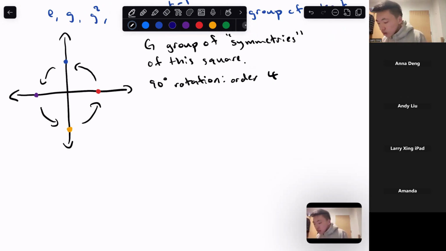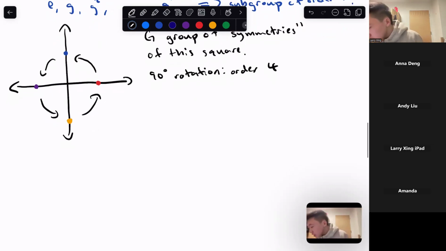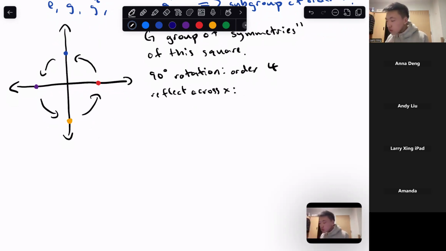Now consider a reflection. If we reflect across the x-axis, the yellow dot goes to the blue dot and the blue dot goes to the yellow dot. We can see that the order of this reflection, reflect across x, is order 2.